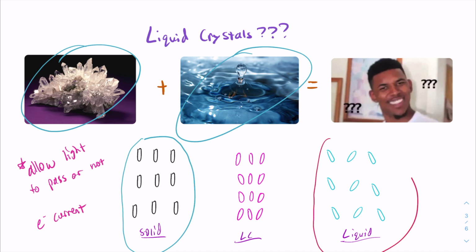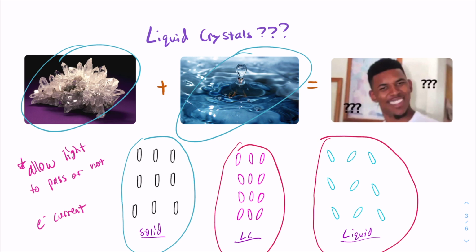Liquids are materials where the atoms aren't quite packed at all. They're not really uniform. They kind of move as they want to move, and they take the shape of their containers, like water. Liquid crystals are this material that's between a solid and a liquid. On the molecular level, the atoms are in some kind of order, but not really.